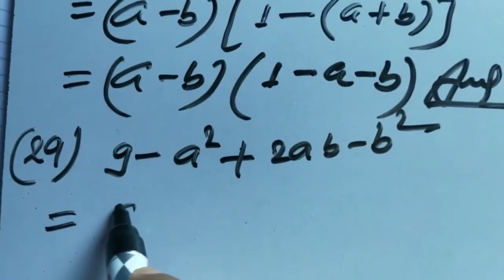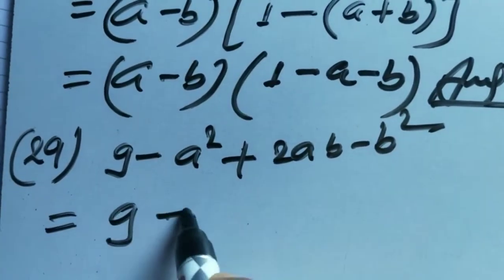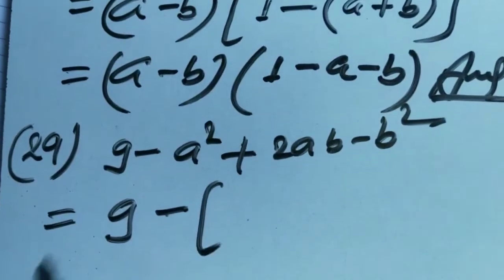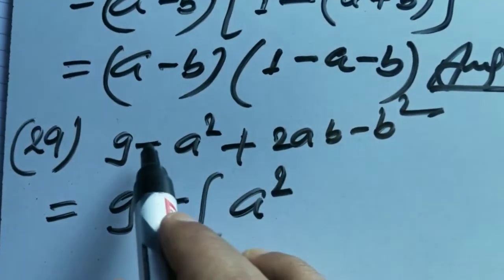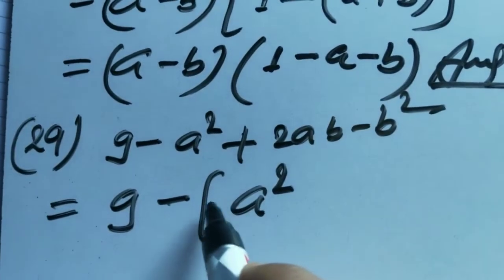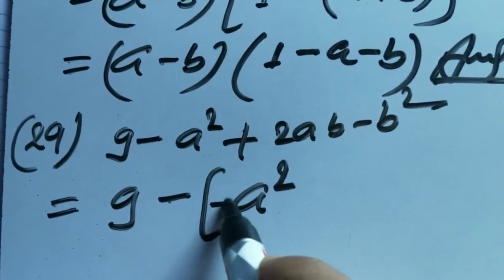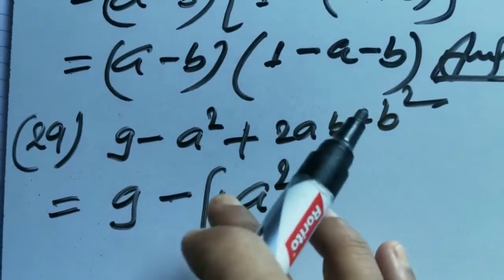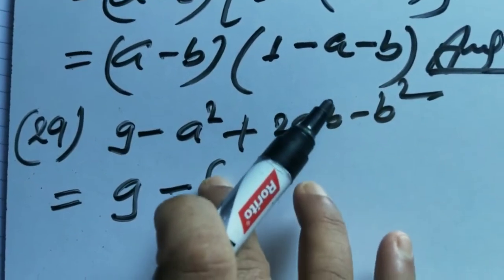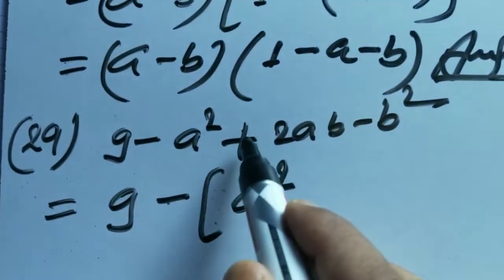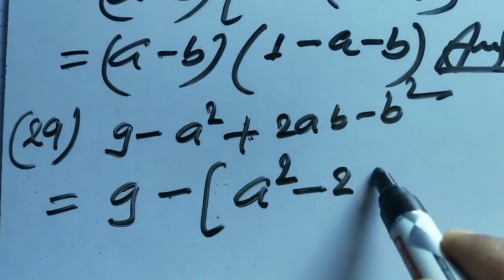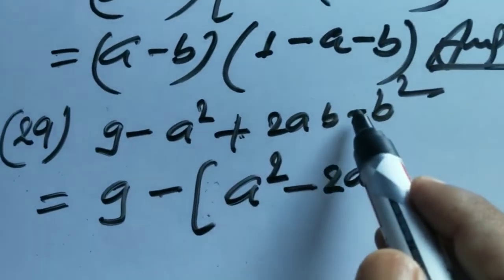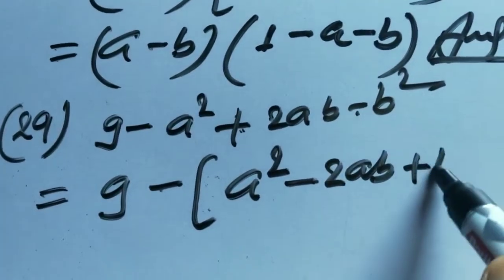So keep here 9, take minus sign outside of the bracket. So it will be a square, minus will change into plus. There is no need to write plus sign here, because if nothing is here then plus sign is already here. Then this sign plus will be changed into minus, and 2ab will be here, and this minus sign will change into plus b square.